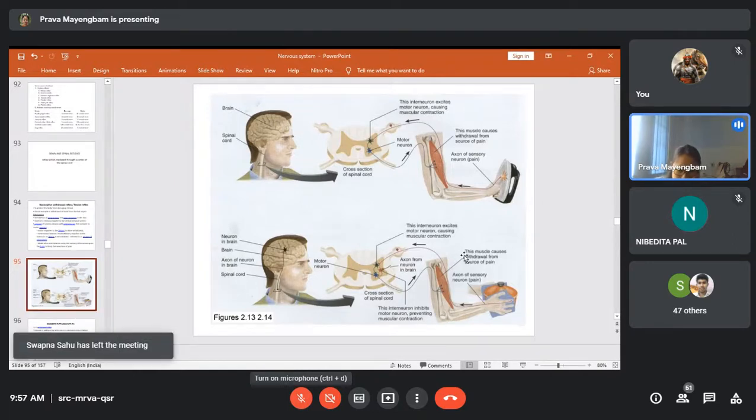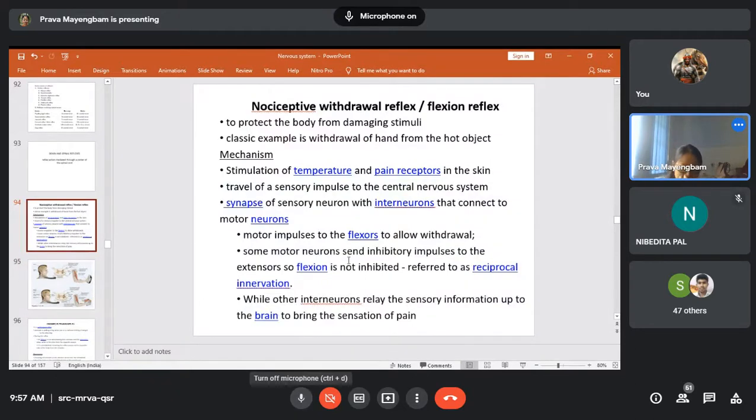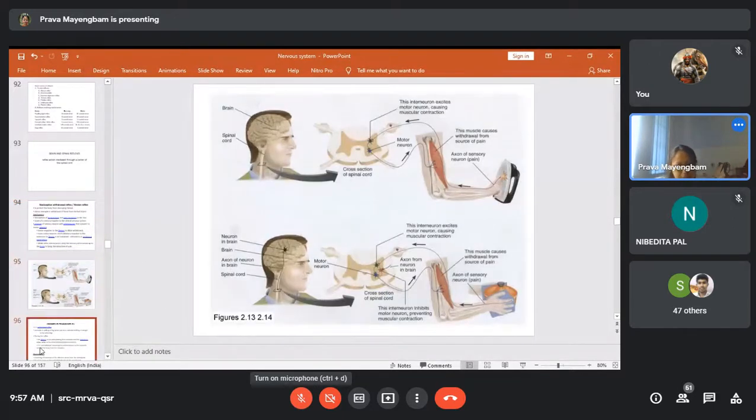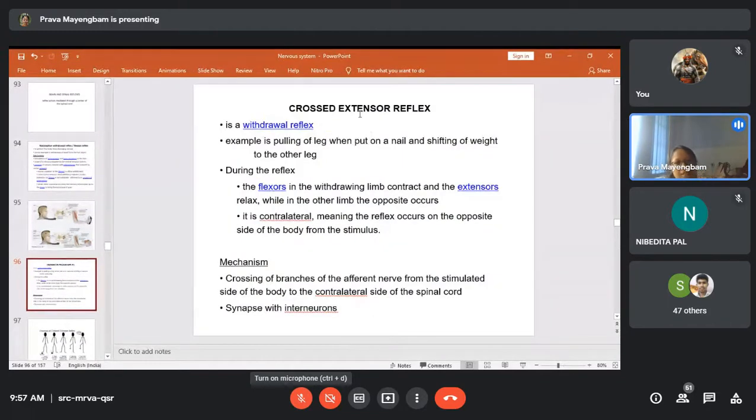Is it difficult to understand? You know simply that this is one example of the nociceptive withdrawal reflex or flexion reflex. You remove your hand after touching a hot object. The flexor group of muscles contract and that enables the movement of the hand away from the hot object. Then another is the cross extensor reflex.